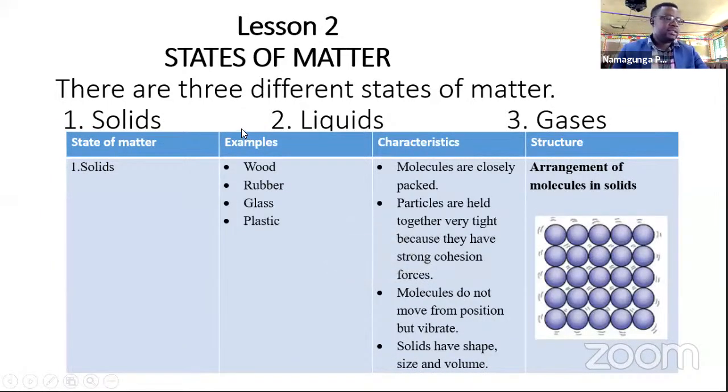The first one, can I have someone read for us the first characteristic? Let's get from Elizabeth.